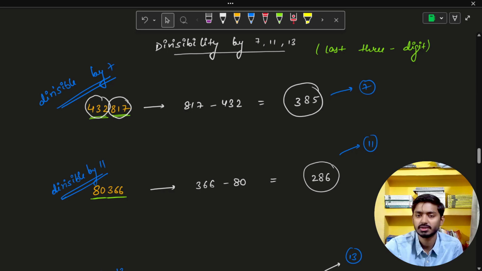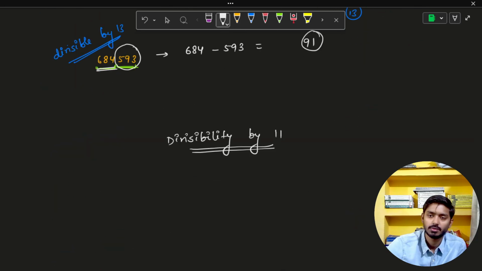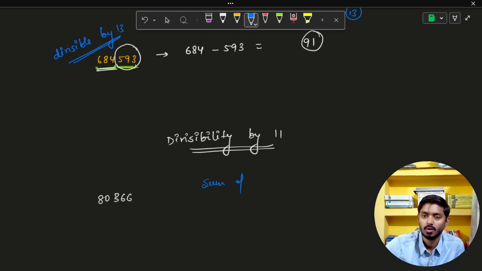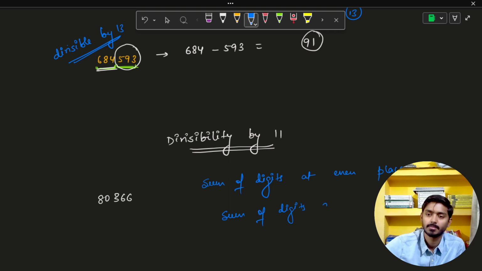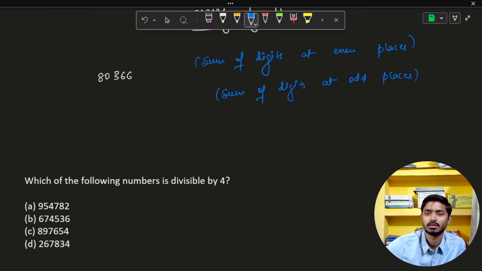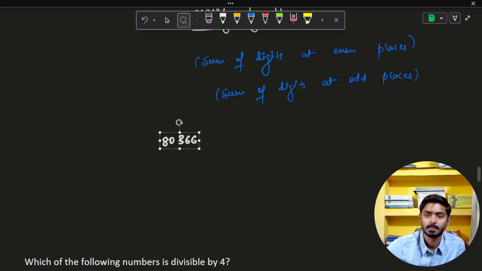Let me write the same number, 80366. What we do is we take the sum of digits at even places and the sum of digits at odd places, and we find the difference of these two.